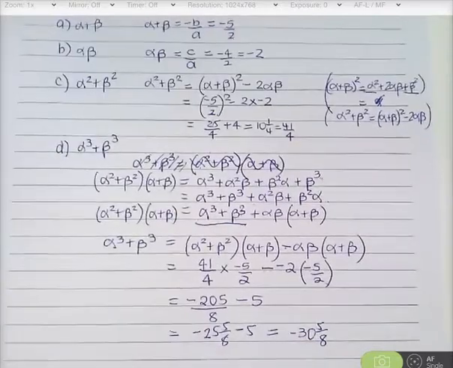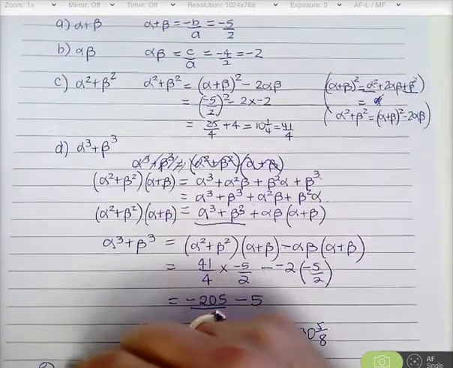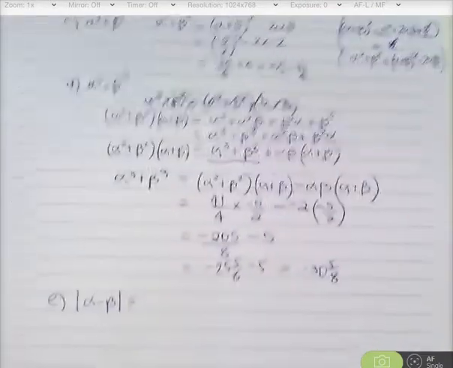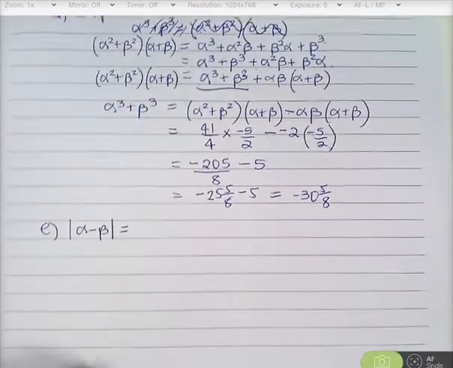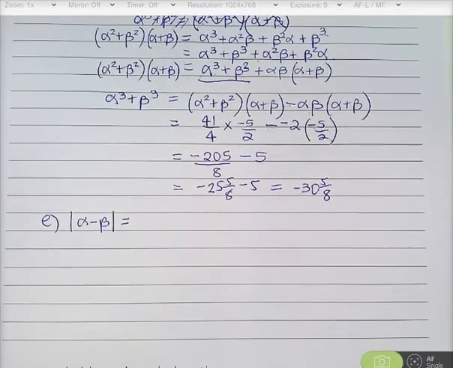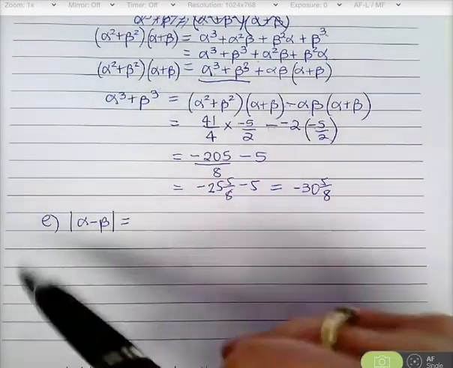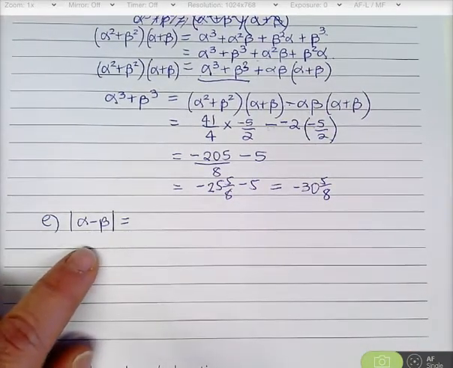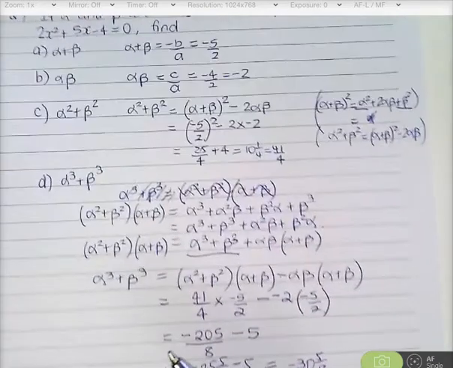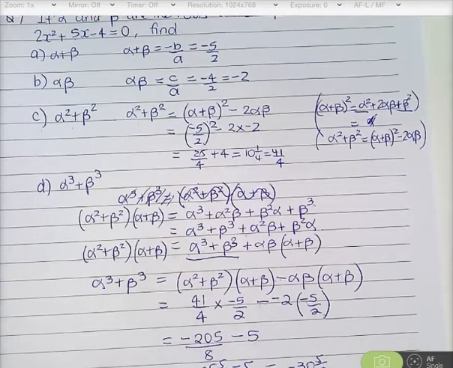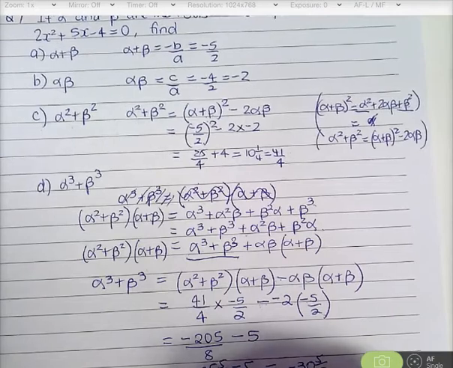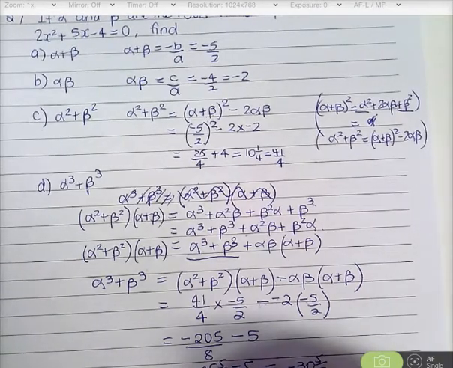Now, part E is something that we haven't seen before. It's a harder application of two units. So the absolute value of alpha minus beta. Now, we don't have any rules for alpha minus beta. What we do have rules for is things like alpha minus beta squared. So that's really the square root of alpha minus beta squared.